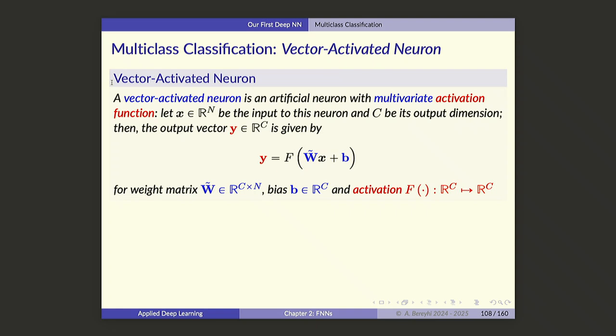So what is the dimension of this matrix? Say I have 10 outputs, 10 classes, and the input to this layer is 20. What is the dimension of this matrix? 10 by 20, because it needs to get 20 inputs and return 10 outputs for me, right? And what is the dimension of my bias vector? It's again 10, right? The number of classes that I have.